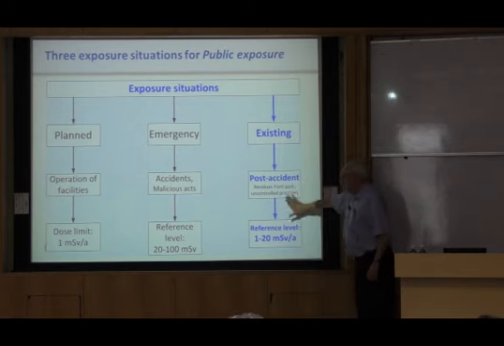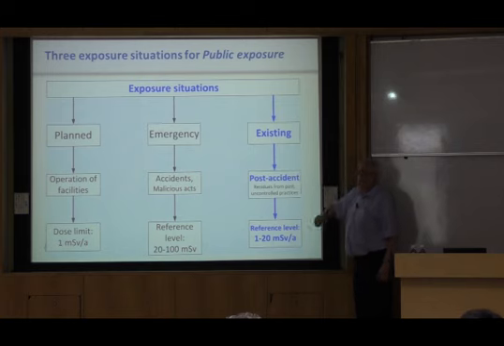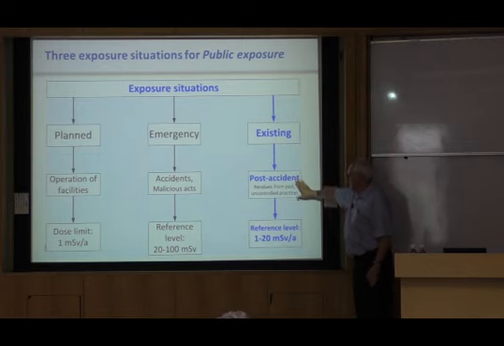And this is about the situation we are facing now in parts of the Fukushima prefecture, which is an existing exposure situation. The situation has been managed, radionuclides exist, and the consequences should be as low as possible.